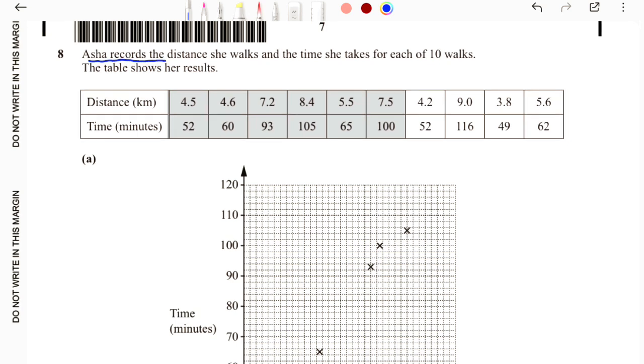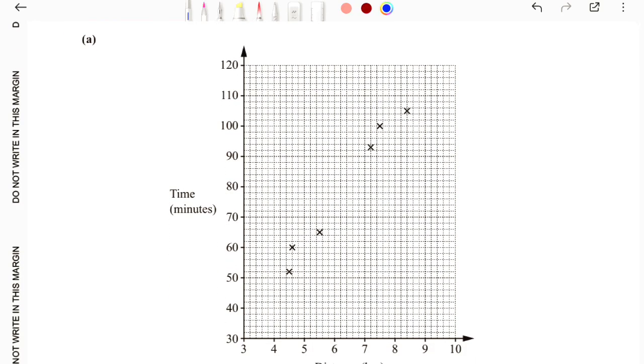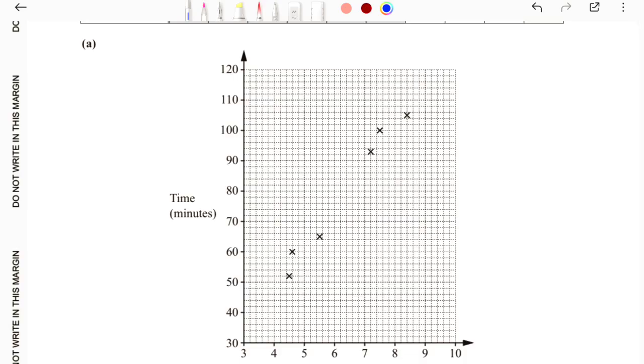Asha records the distance she walks and the time she takes for each of 10 walks. The table shows her results. Distance is given and time is given. Students, first of all, we have to see the measurement of one box. If you see the difference here, that is 1. So divide 1 by 5, as there are 5 boxes, 1, 2, 3, 4 and 5, and you get 0.2 for one box on x-axis.